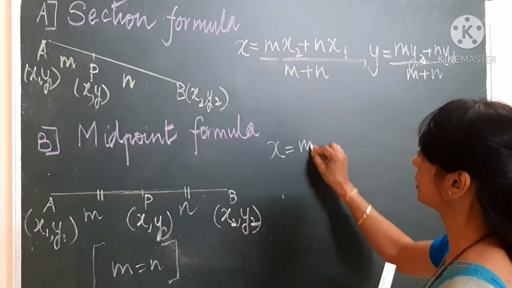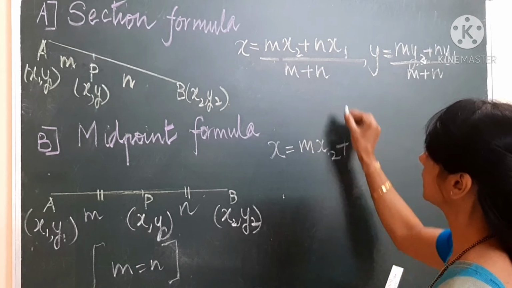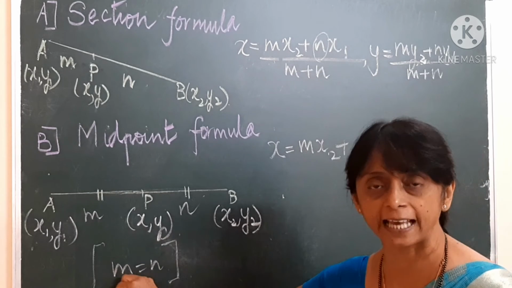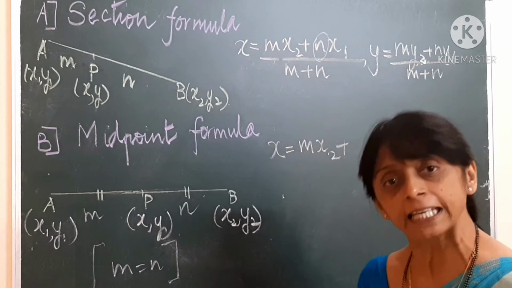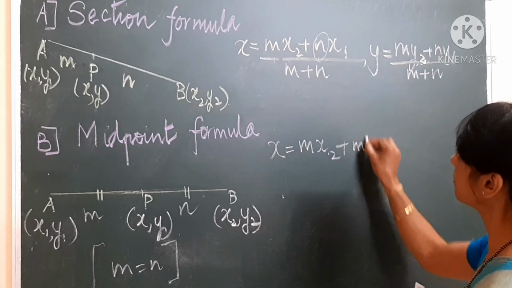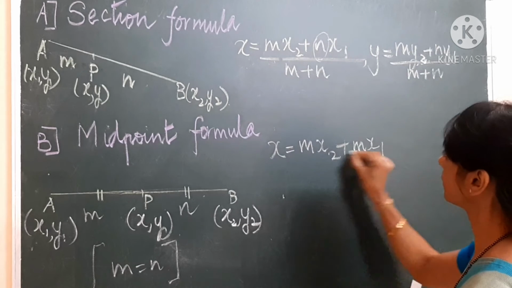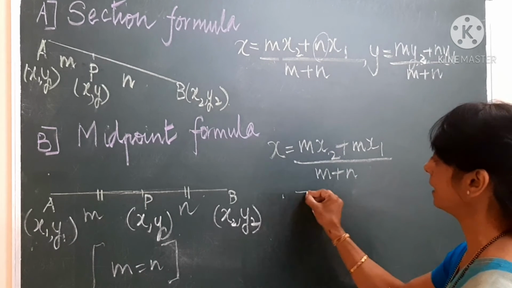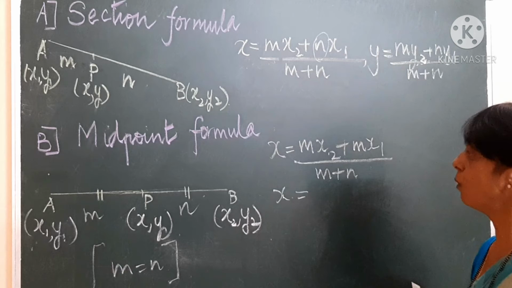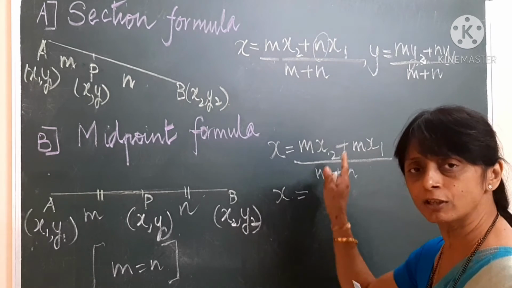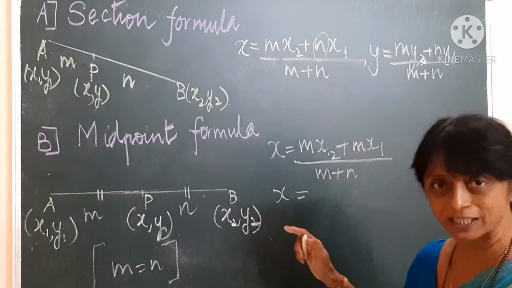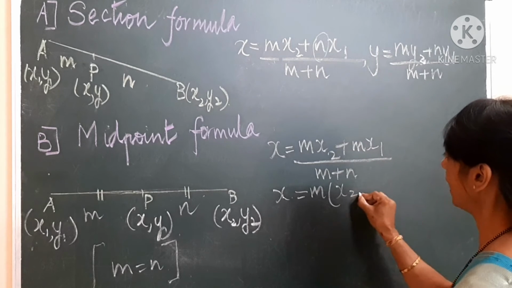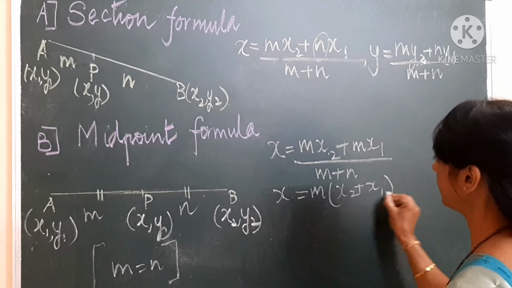So mx2 plus, instead of writing n, I can resubstitute m as both are equal, m x1 upon m plus n. So what do we get in the numerator? Let's concentrate on the numerator. m is common, into bracket x2 plus x1.